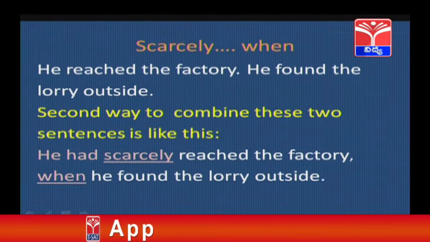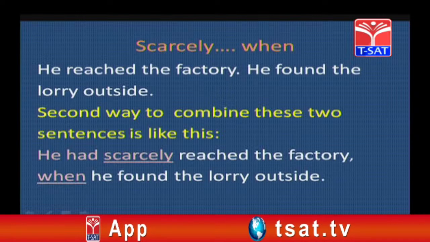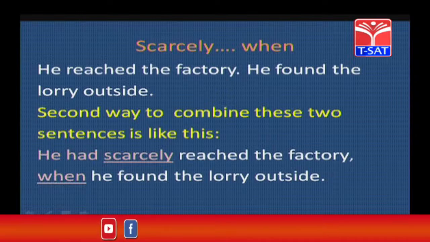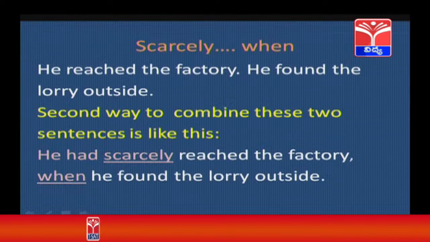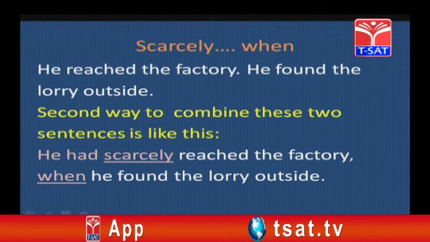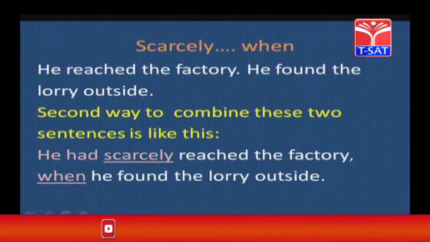He reached the factory. He found the lorry outside. Second way to combine these two sentences is like this. He had scarcely reached the factory when he found the lorry outside. What did I do, children? After the noun or the pronoun, I need to keep had scarcely.